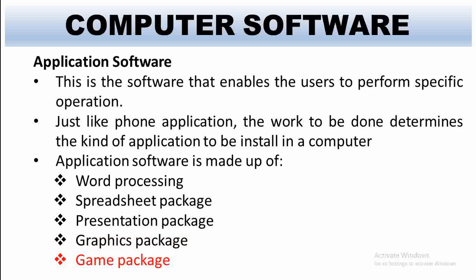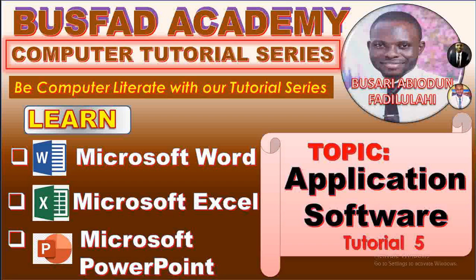Some of this software will be considered under this program, like the word processing, the spreadsheet, and presentation package. This package, whether we like it or not, we need their knowledge in this generation in which we are today. Those three packages form the focus of this. I will be discussing the application software.